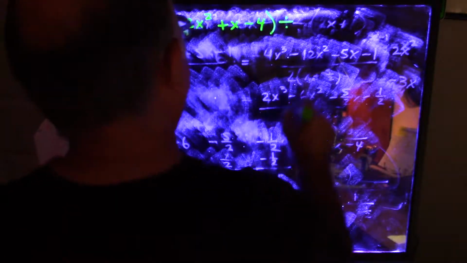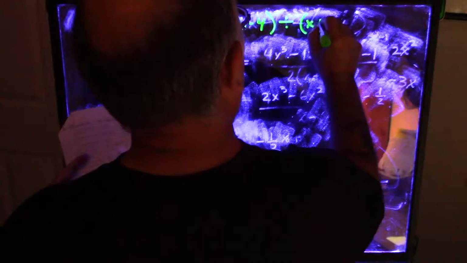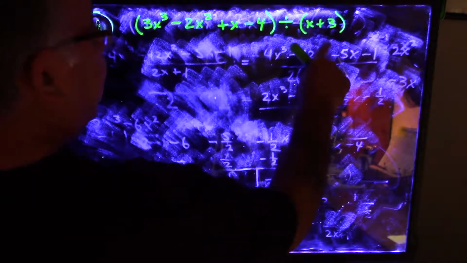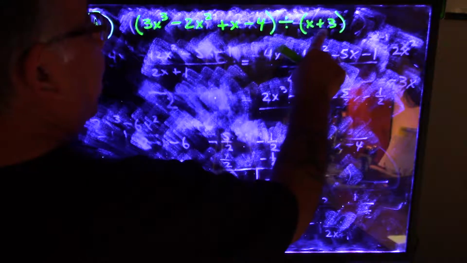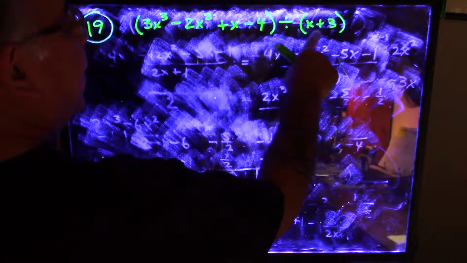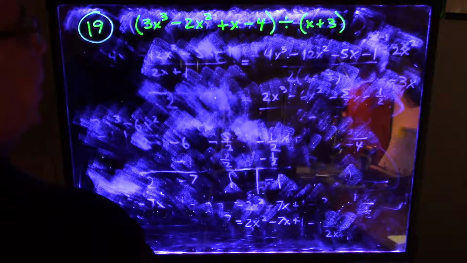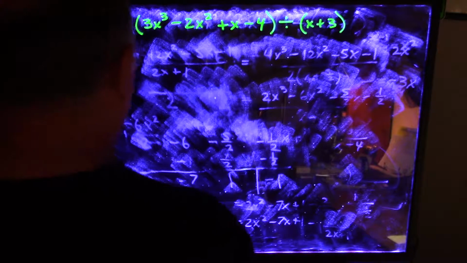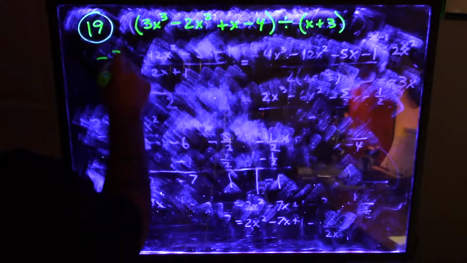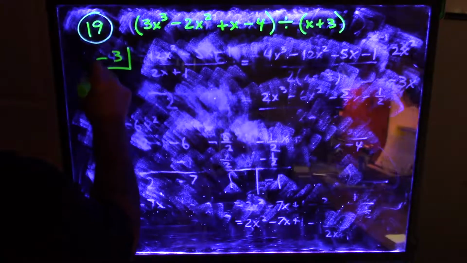Divide that by x plus 3. So again, the divisor has to be in the form x minus k. So this is x minus a negative 3. So the k there would be a negative 3, and that's what you'd put up in the top left corner when you do synthetic division.